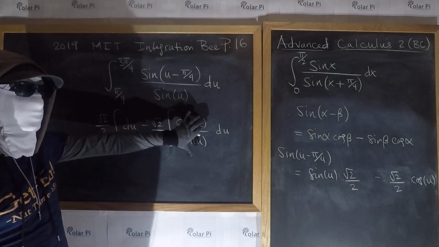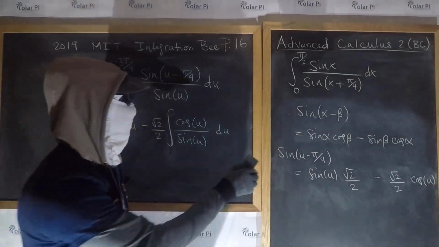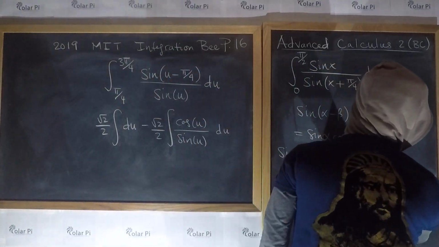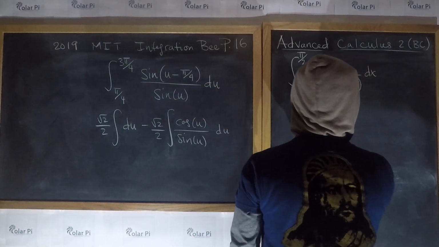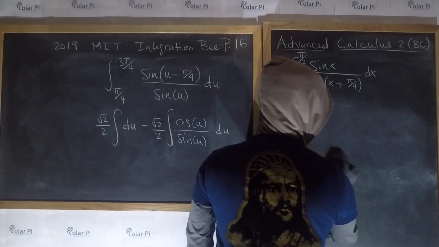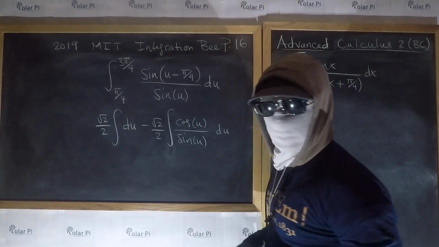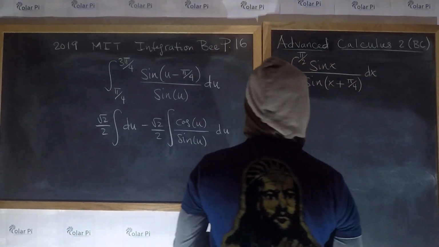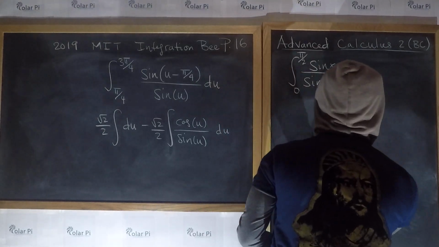Now let's deal with the second integral somewhere over here, and yeah, it's just a basic substitution, right? It's just simple u sub, right? And since we've already used up the letter u, let's use v.